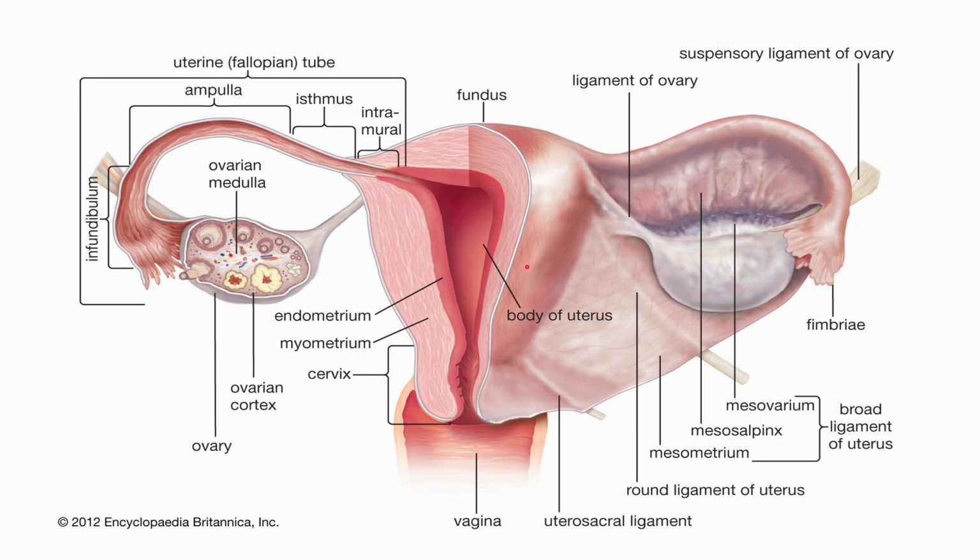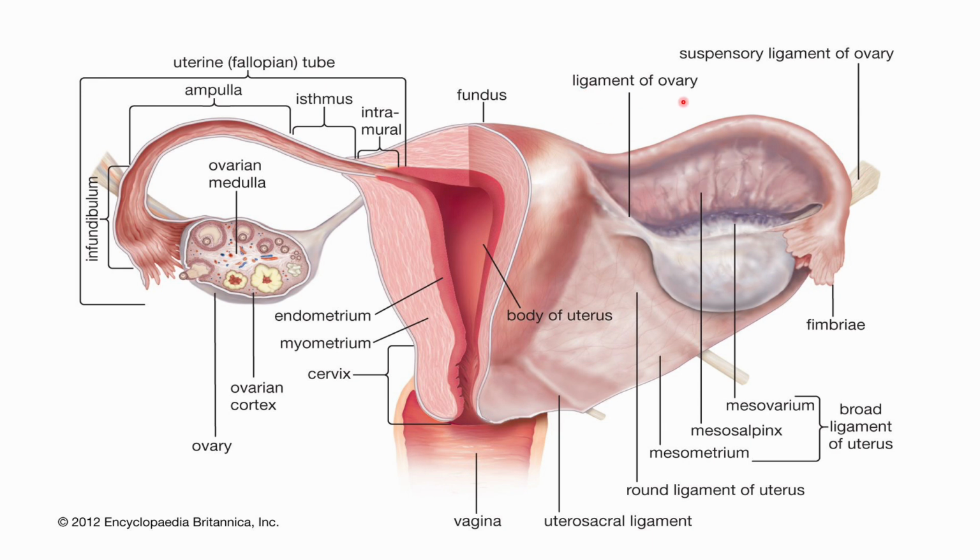Let me review again, now that we've started talking about this. Ligaments are very, very important. The first one is the suspensory ligament of the ovary, or the infundibulopelvic ligament, or the IP ligament, but I'm going to call it the suspensory ligament of the ovary. It's kind of like suspending the ovary in air. Not really, but just to remember it.